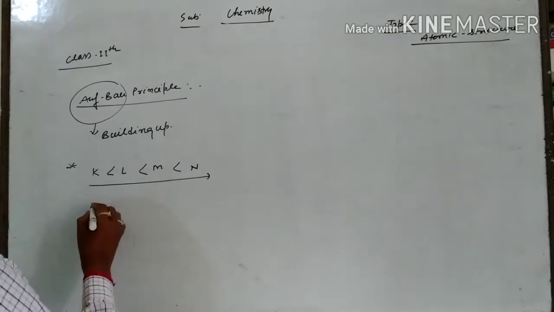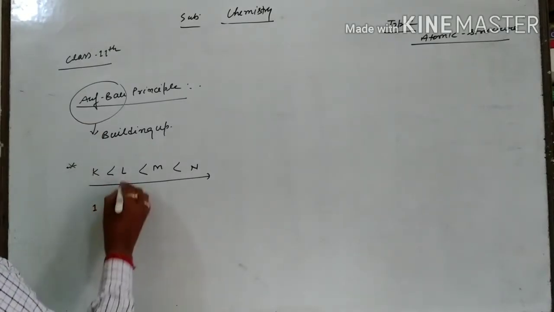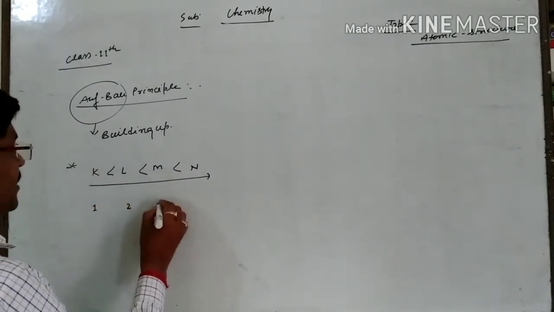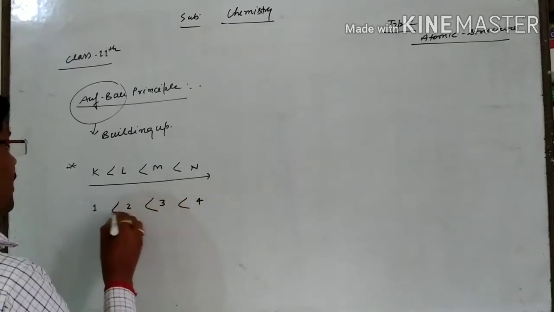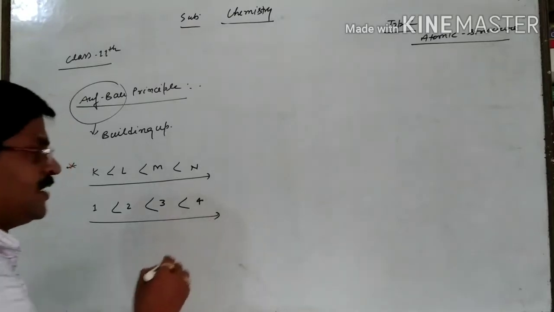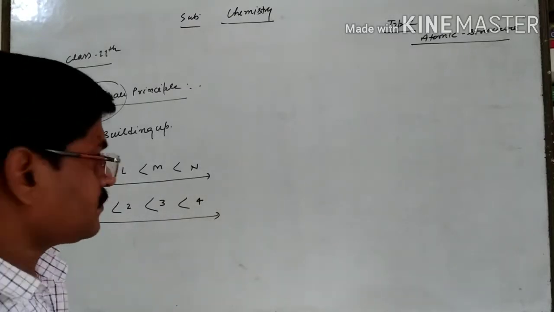In numbers you can write K as the first shell, L the second shell, then the third and the fourth. So this is the order of energy in different shells.